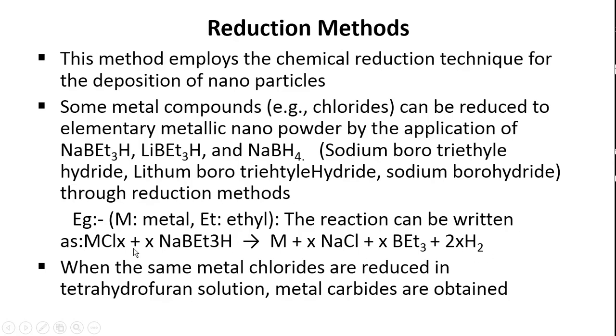This x stands for the number of chlorides, whether it is 2 or 3. That's why it is mentioned here as x. If it is MCl2, then we get M plus 2 NaCl, plus 2 BEt3, and 2 into 2H, so 4H2 as a gas, which forms in the form of molecules.